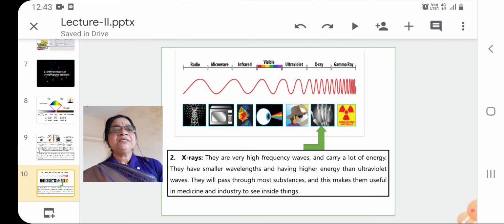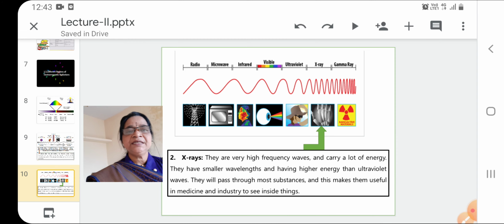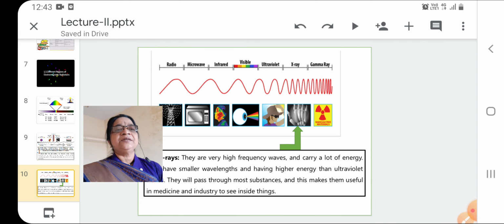They will pass through most substances, and this makes them useful in medicine and industry to see inside things. That is, X-rays are used in medicine as well as industry to see inside things.